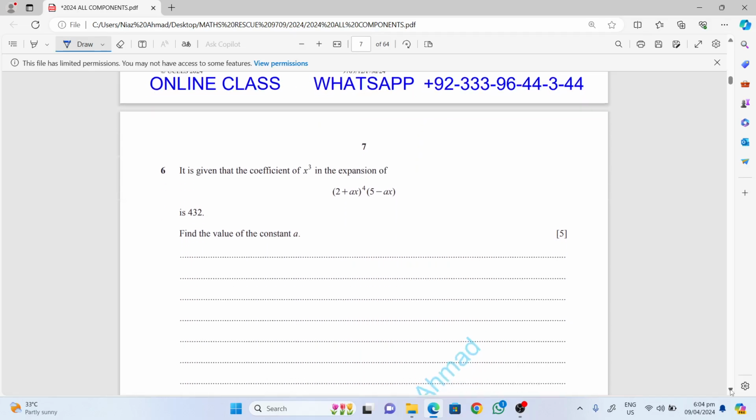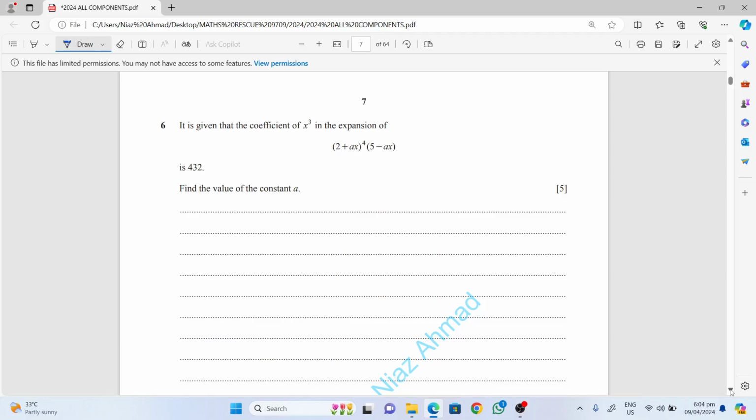Going to question number 6. It is given that the coefficient of x cube in the expansion is given, find the value of the constant a.